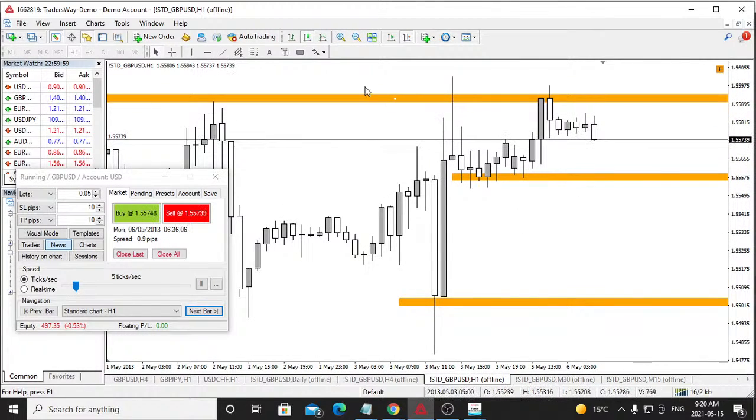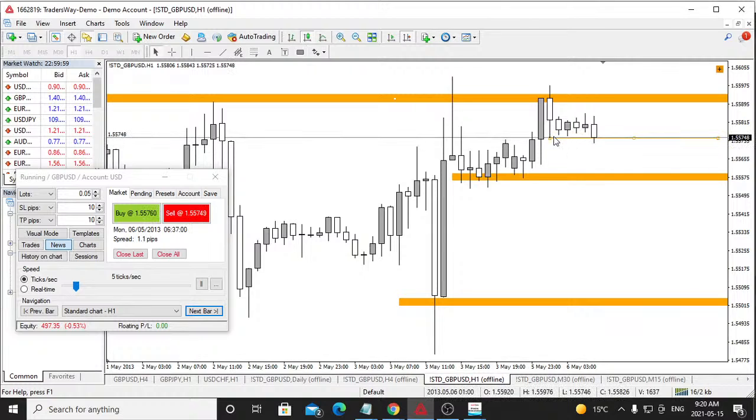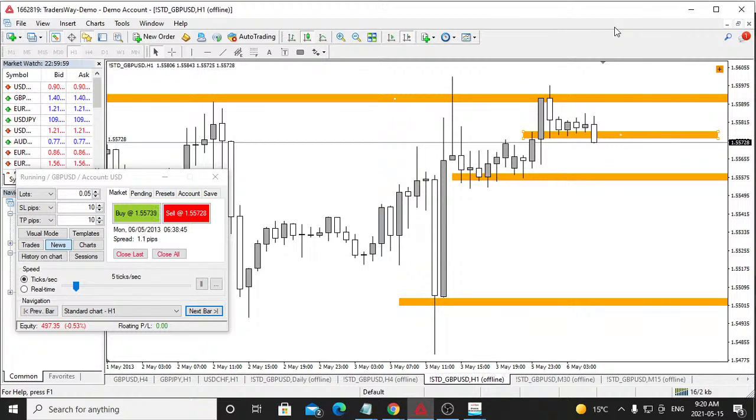Looks like price right now, at this very moment, is looking to break below this level of support right here on the 1 hour. This is definitely a level of support. This looks like a really great sell.